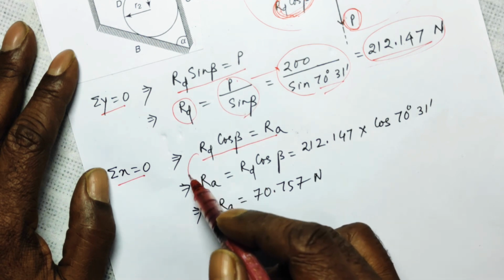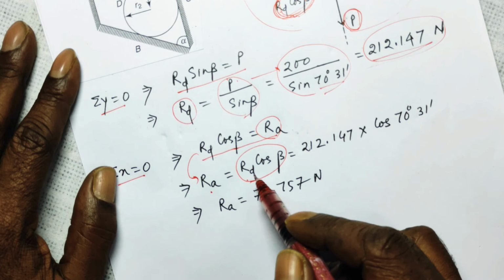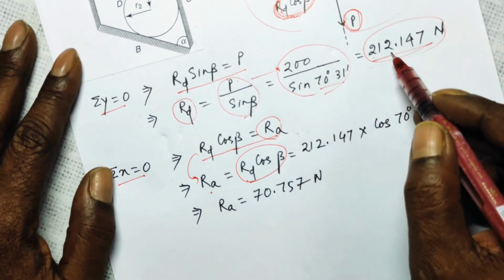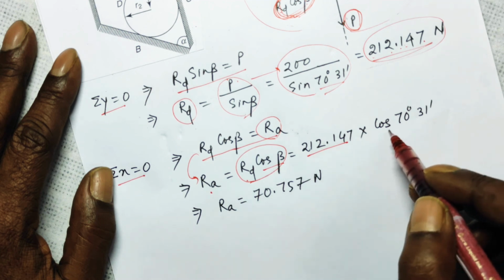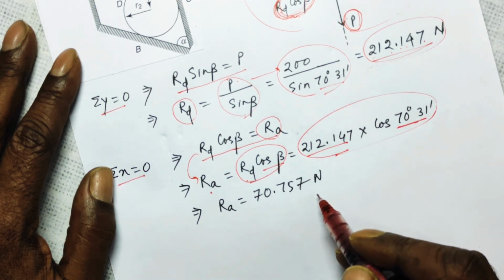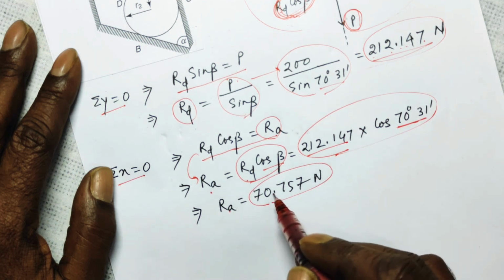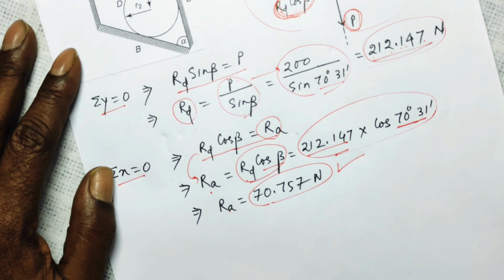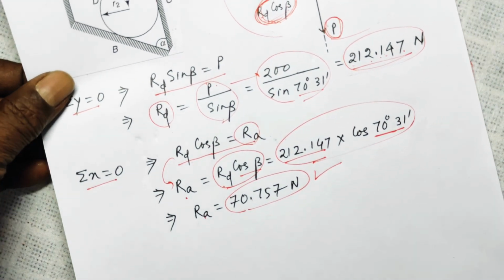I have rewritten it here, keeping RA on the left hand side, RD cos beta. RD we just calculated, 212.147. So put the value here, cos beta, beta we have calculated, and put the whole thing in a scientific calculator. You get RA is equal to 70.757 Newton.